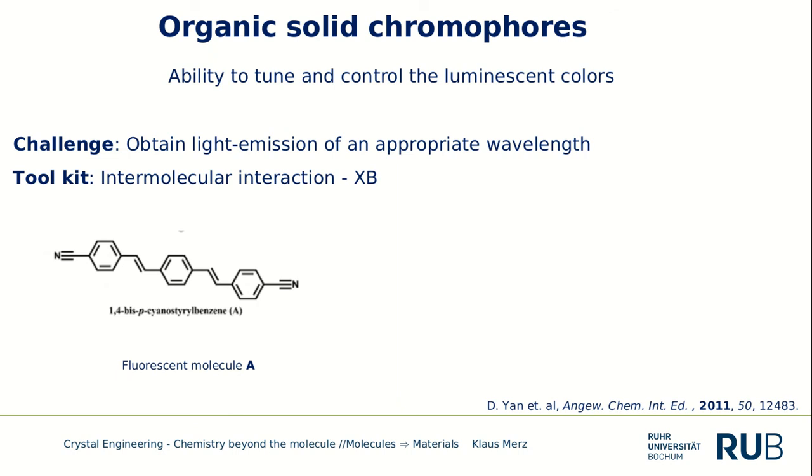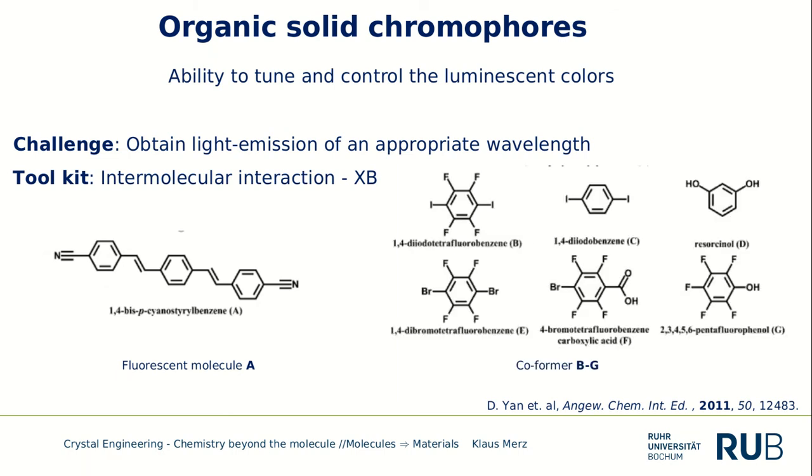You remember we talked several times about the ability of cyano groups and halogen bonding, and exactly he synthesized and crystallized materials using this molecule A, this fluorescent molecule, and different coformers. And all of these coformers, you see, except here G and D, have halogen substituents.